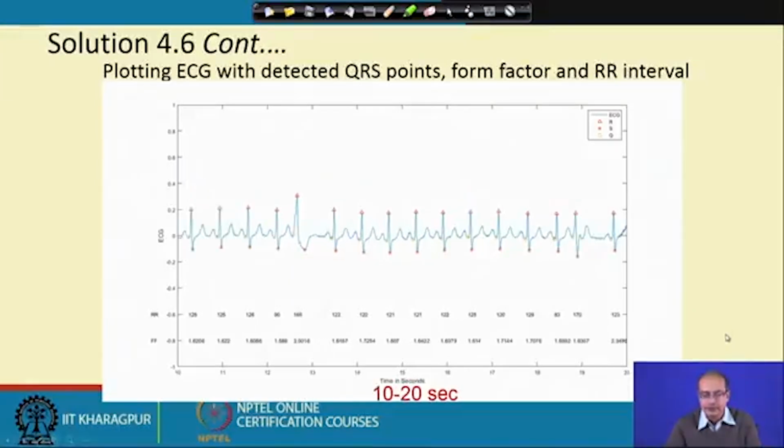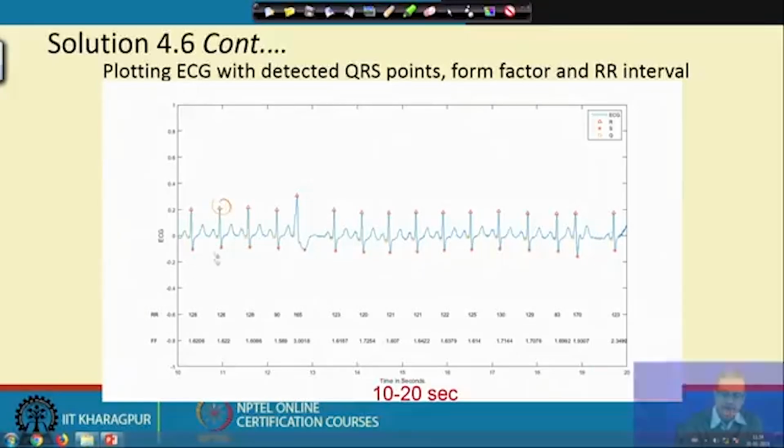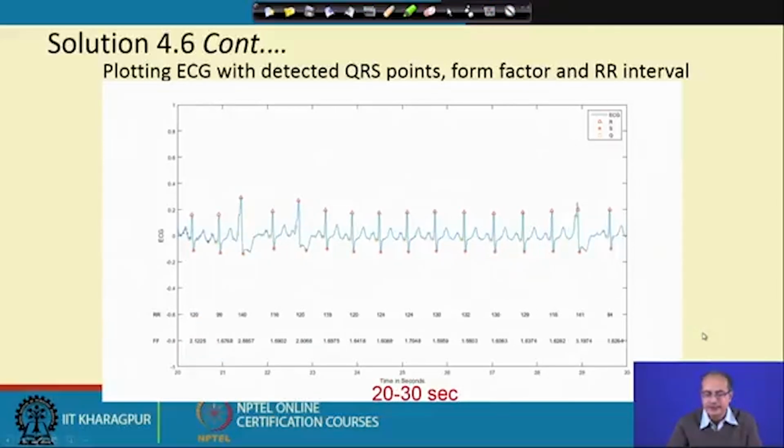Next, we look at 10 to 20 seconds. Again, for the ECG, we have marked the R, then Q, this part, and S, and the corresponding RR values and FF values we have given below. Now, after that we look at the next segment, 20 to 30 seconds.